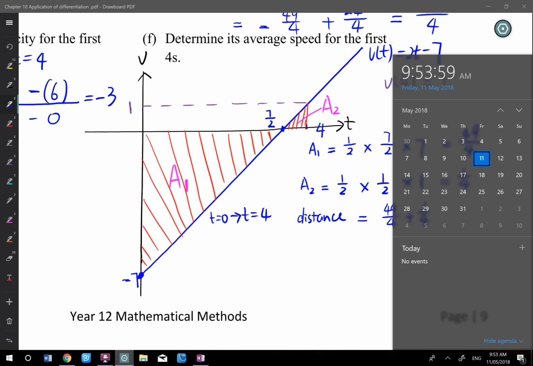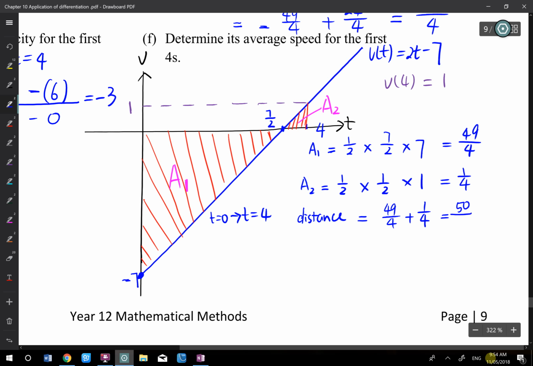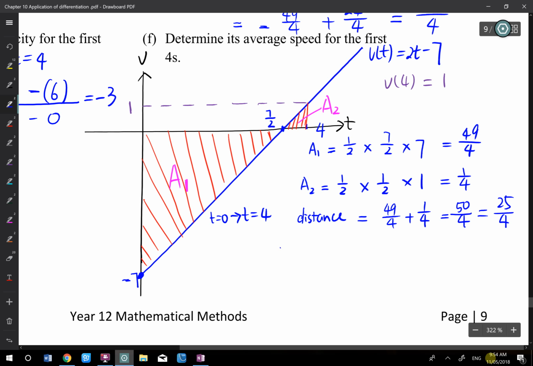That gives me 50/4, and that's 25/2. Why do I need this? Remember, I want to find the average speed. So I need to know the total distance covered. So I know the distance now.